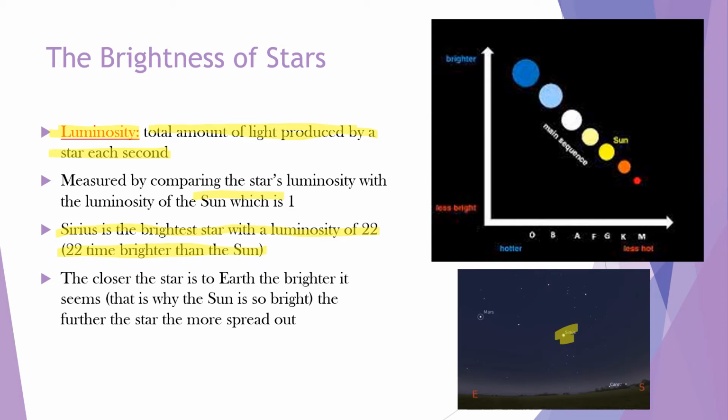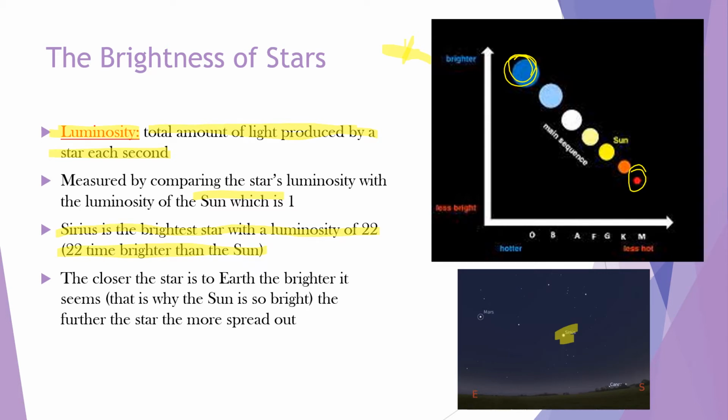And if we look up here at this graph, okay, we've seen this before. Remember, on the x-axis we have temperature, and on the y-axis we have luminosity or brightness. Okay, so a star that's up here, this blue star, is very hot and very bright. Whereas this star over here is not as hot, it's less hot, and it's less bright.